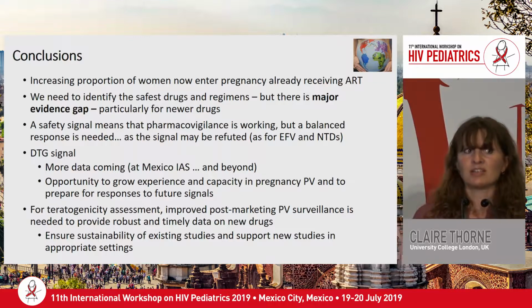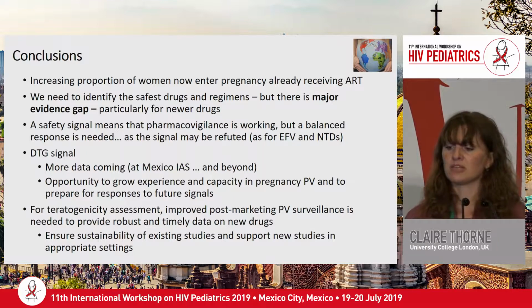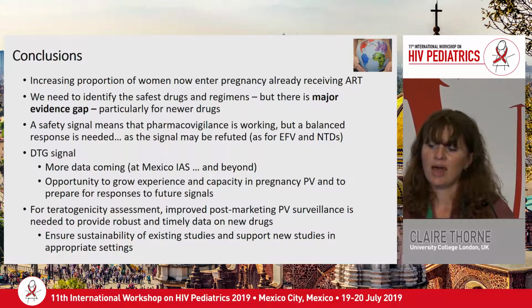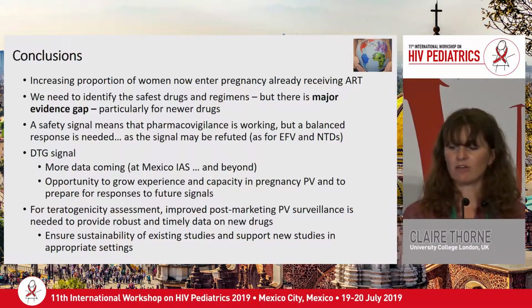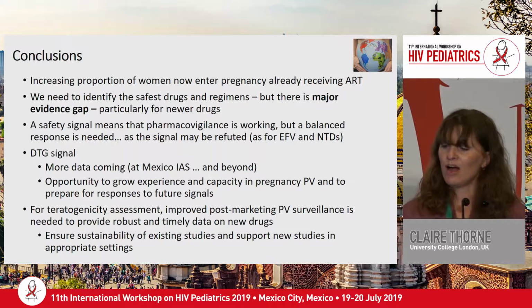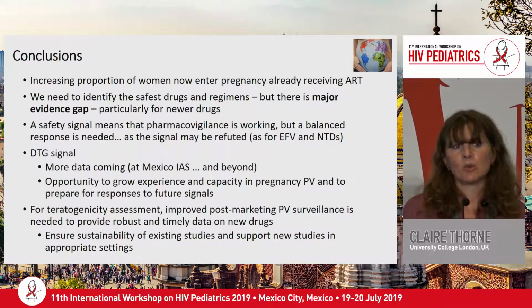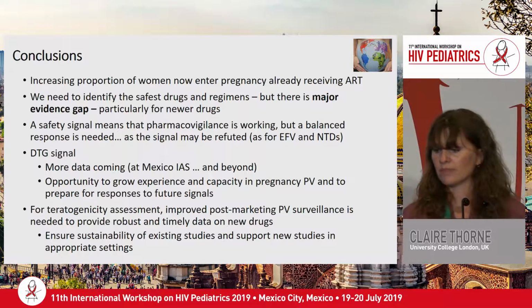We mustn't forget that a safety signal means that pharmacovigilance is working, but a balanced response is needed, as the signal may be refuted, as for efavirenz and neural tube defects. With respect to the Dolutegravir signal, more data is coming, as you're all very well aware, and it should be seen as an opportunity to grow experience and capacity in pregnancy pharmacovigilance and to prepare for responses to future signals.